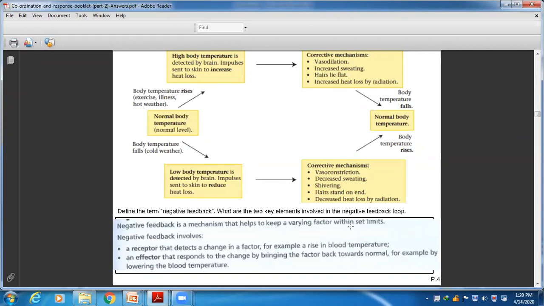All those mechanisms that come against the actual stimulus are negative feedback. Are you getting me? Now, for example, the glucose level goes below normal. What changes will come in your body? Again, changes will come against this stimulus.